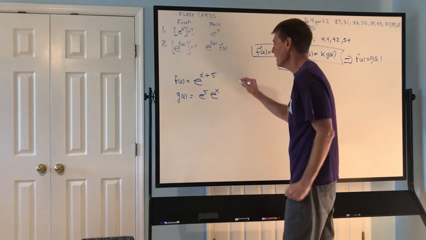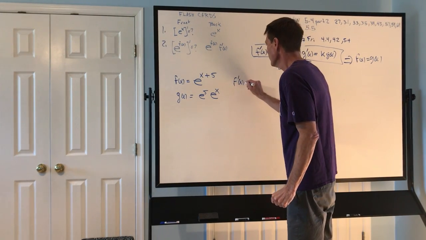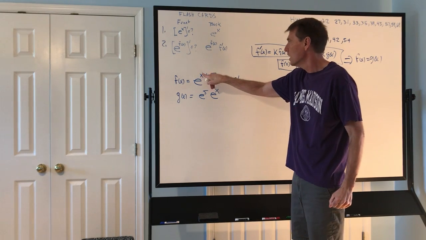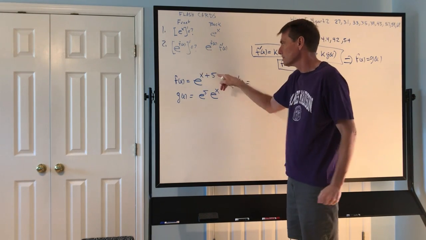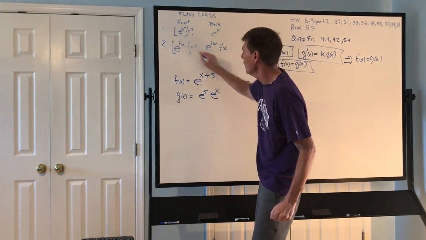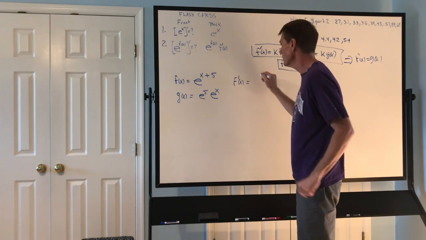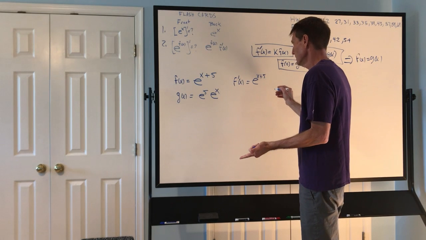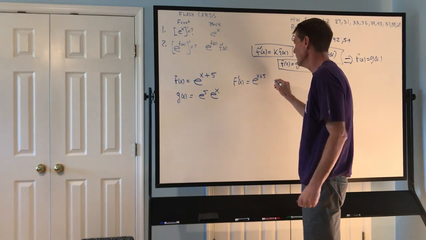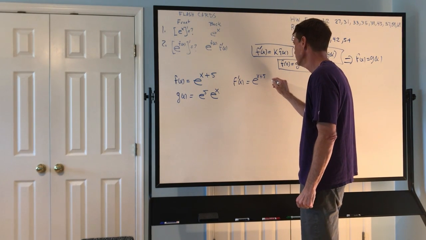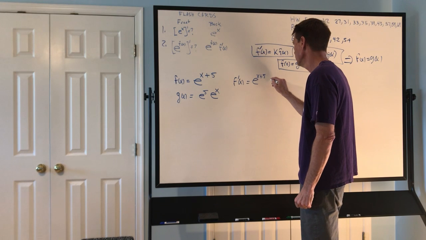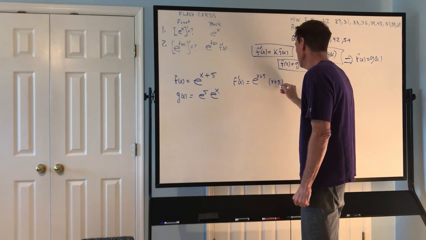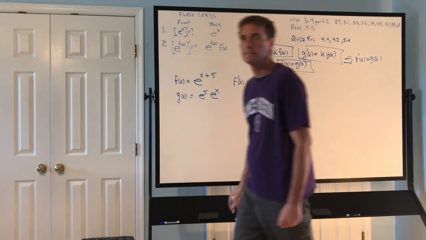Let's take the derivative of f. Now I'm going to use this flashcard here because this is not just x. The derivative of e to the x plus 5, so this guy is now in the f of x location, is going to be e to the x plus 5, and then times the derivative of x plus 5.